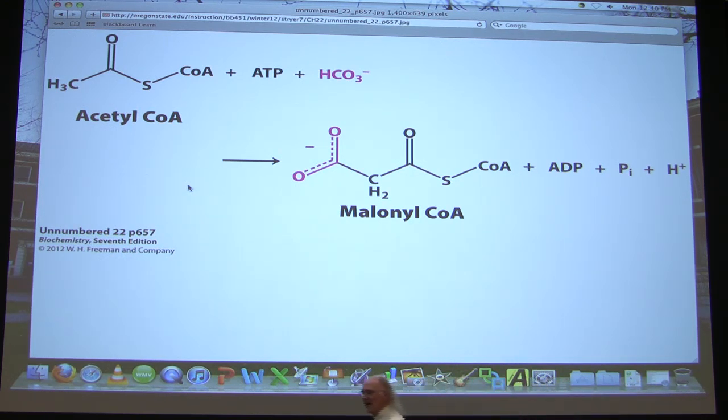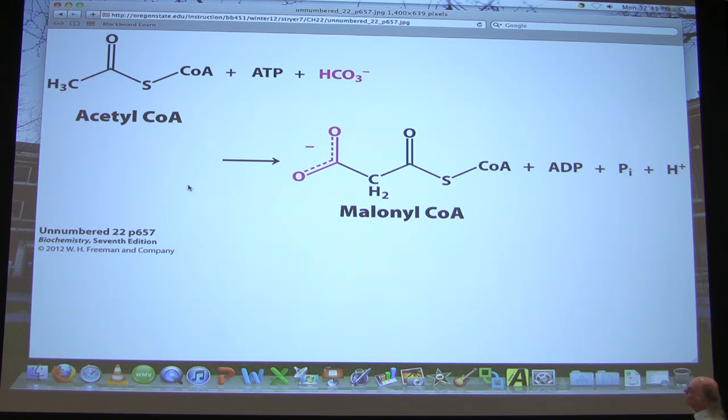It's known as acetyl-CoA carboxylase. This enzyme turns out to be the only enzyme in fatty acid synthesis that is regulated.